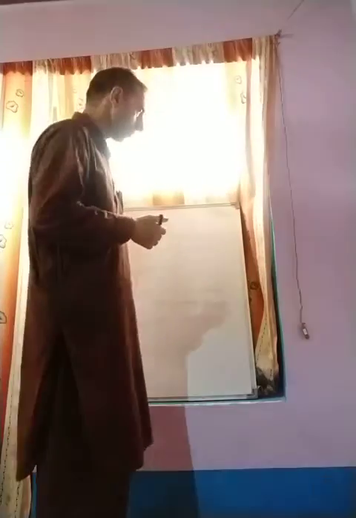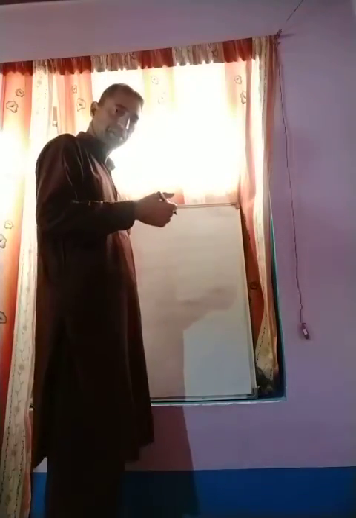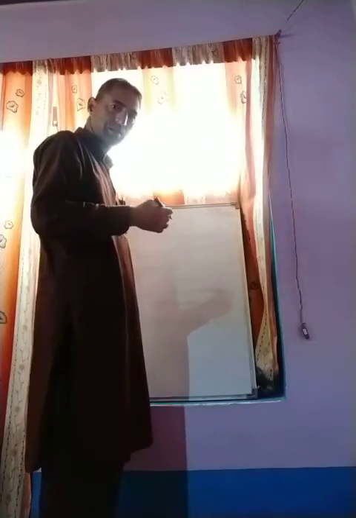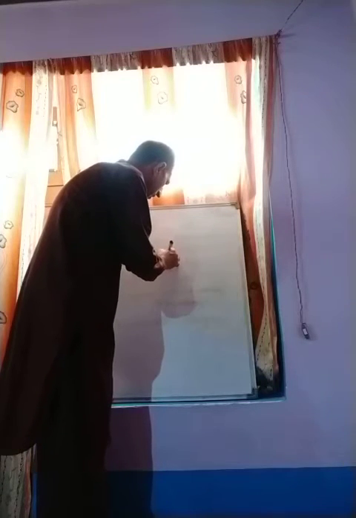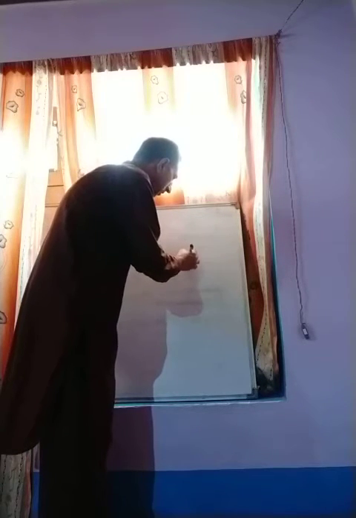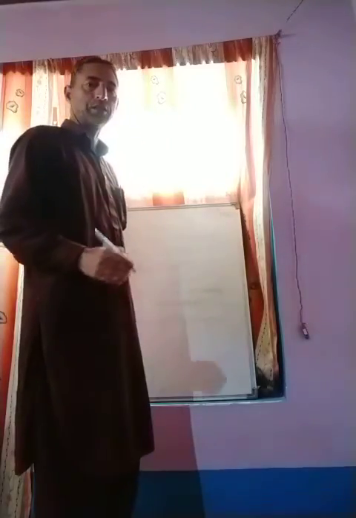federalism. Now, point number three, period of struggle. The period from 1967 to 1971 is known as the period of struggle.